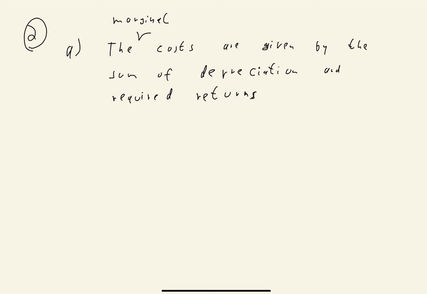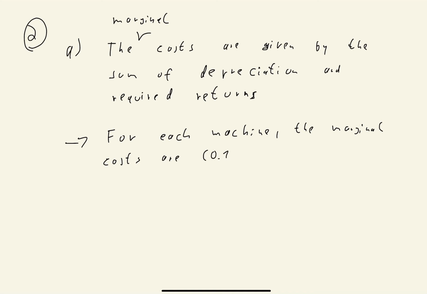So for each machine, the marginal costs are then 0.15, which is the depreciation rate, plus 0.1, times the value or the cost of the machine, so $504.